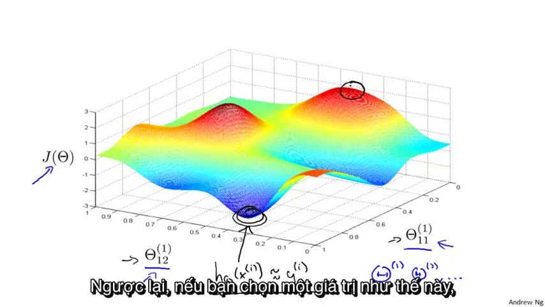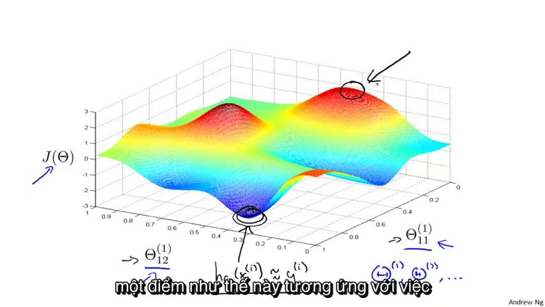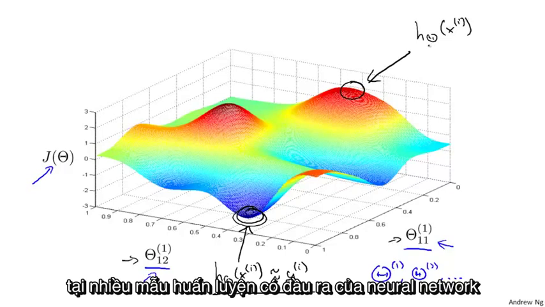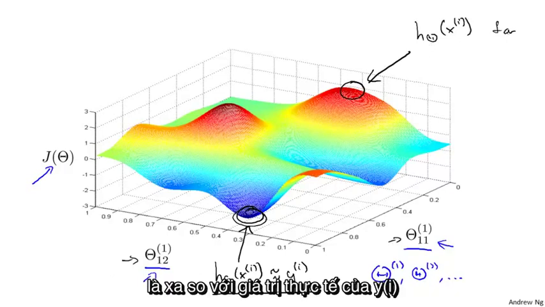Whereas in contrast, if you were to take a point like that, it corresponds to where for many training examples, the output of my neural network is far from the actual value y(i) that was observed in the training set.